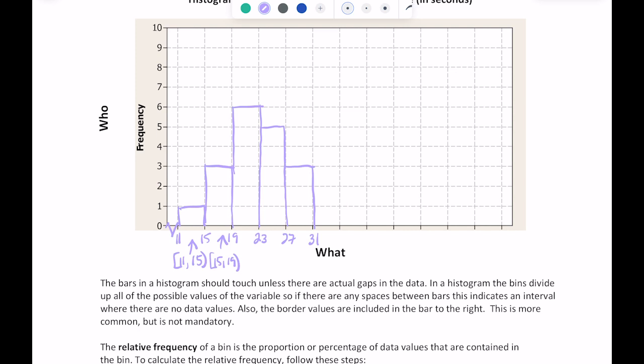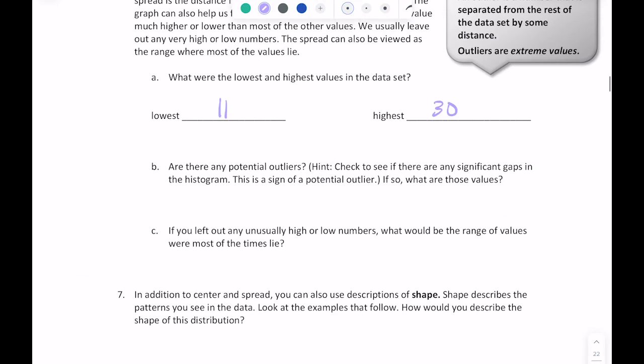There's no extreme values that are away from the rest of the other values. So there's really no apparent outliers. An outlier is just an outsider. It's an extreme value away from the highest and lowest values. But there don't appear to be any outliers.